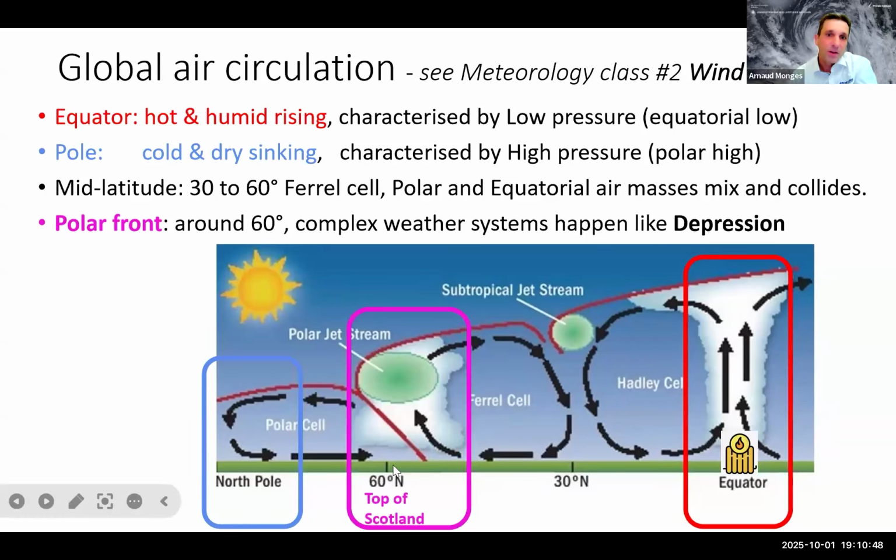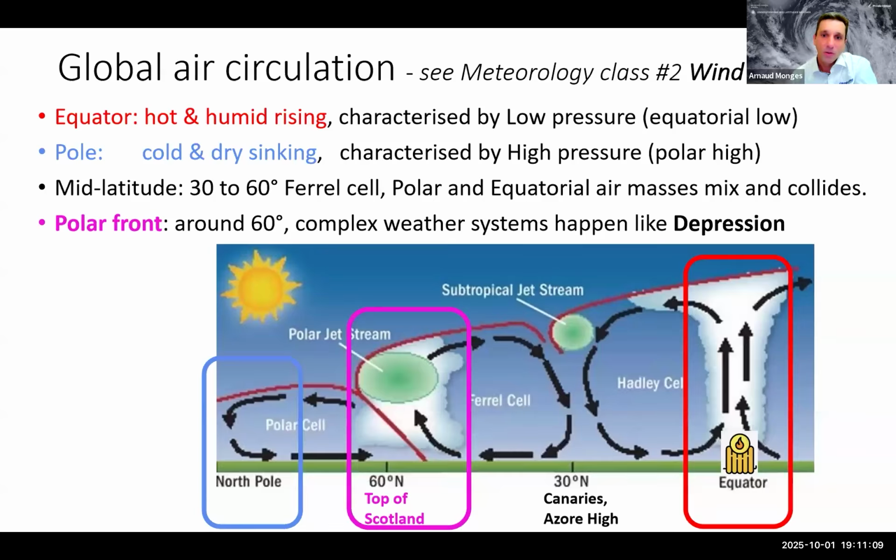On the other side, for example, 60 degrees north. This is, for example, the top of Scotland, and as you know, it can be winter or summer. This place is always impacted by strong storms, lows coming from the west.